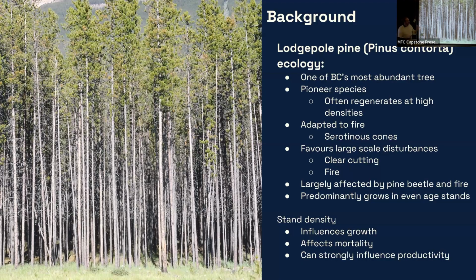It often regenerates in high densities, typically after fire. So after clear cutting, high densities will regenerate. This high density regen typically affects growth, mortality, and productivity as it increases competition and ultimately can lead to stagnation in the blocks.